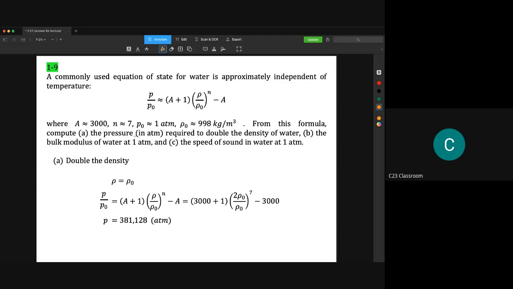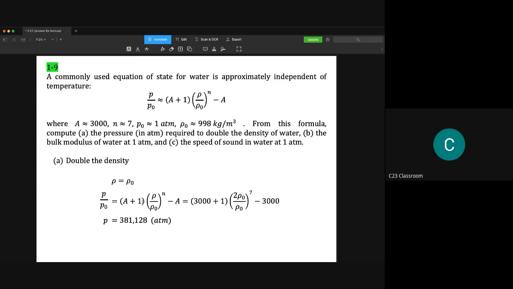From this formula, we need to compute the pressure in atm required to double the density of water, the bulk modulus of water at 1 atm, and the speed of sound in water at 1 atm.